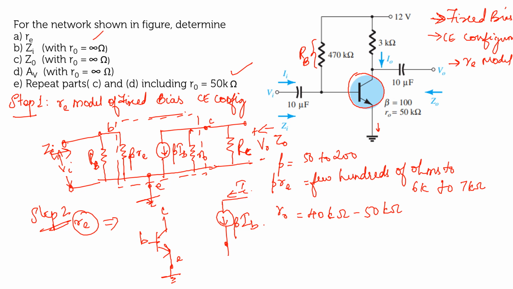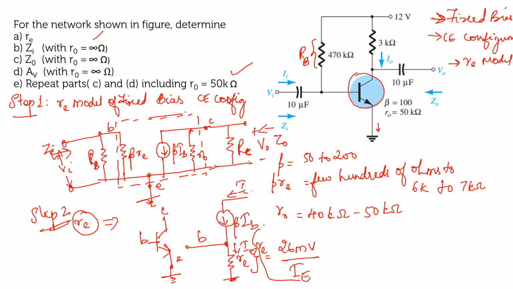Across the emitter, the diode is replaced by an equivalent resistance re, and input is going to be your base.